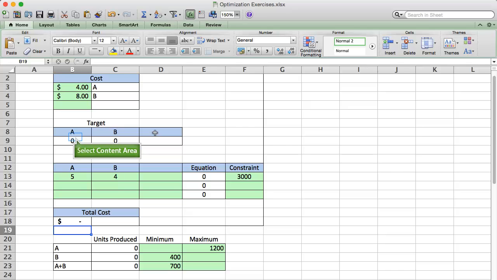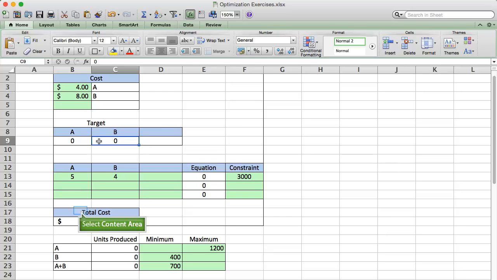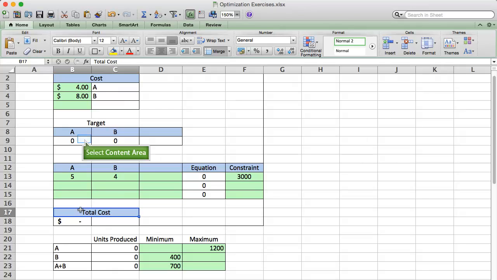But the cost per unit times the number of each unit is going to be our total cost. And the objective of our problem is to minimize that total cost. So this is our objective function. Our decision variables, or changing cells, will be the number of units of A and B made.